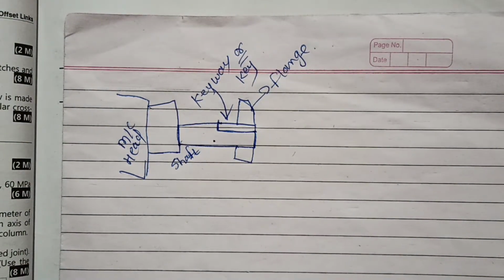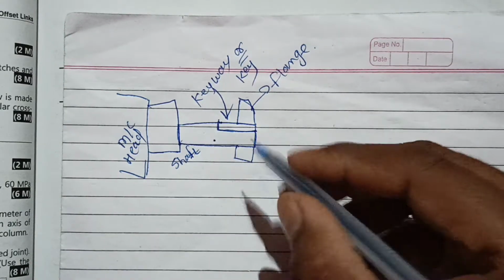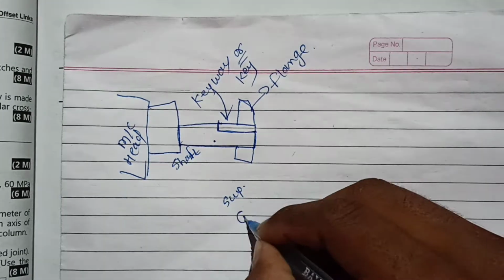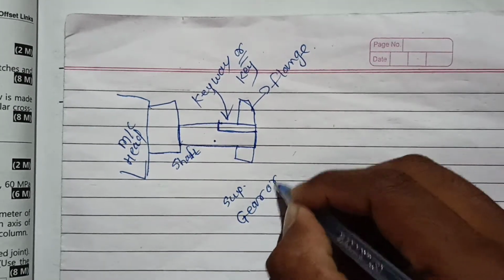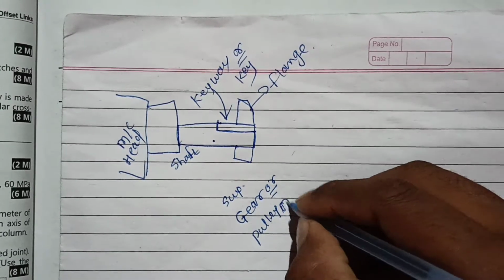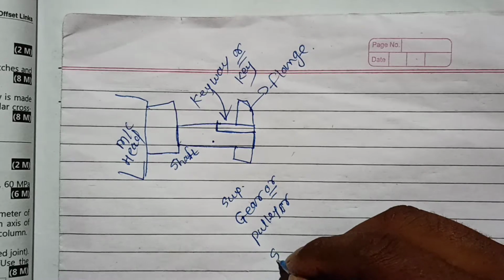Here it is a circular cross section area, and it supports transmission elements like gears, pulleys or sprocket.